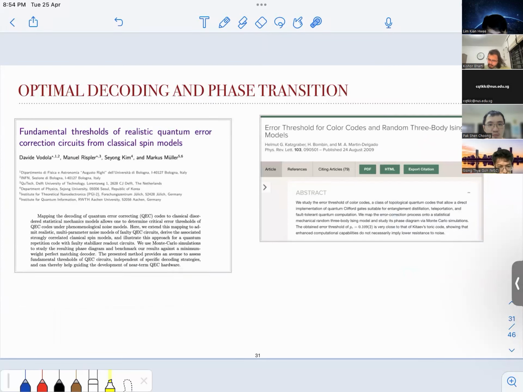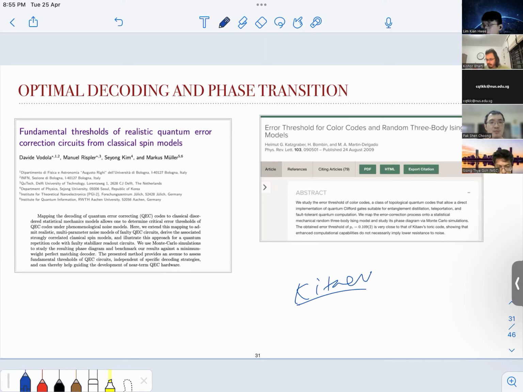Then there are also other papers, which I think started with Kitaev. I think I should have added the paper by Kitaev and others, which shows that, for example, when you are trying to build a decoder, the point where you get the threshold corresponds to the phase transition of a certain statistical mechanical model.